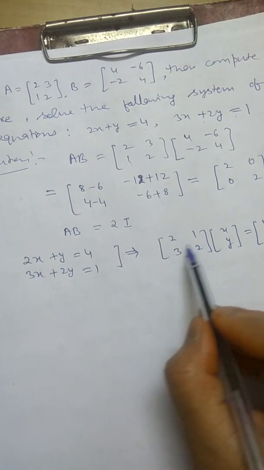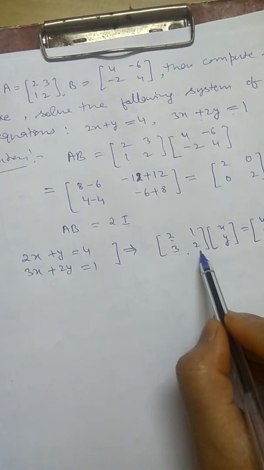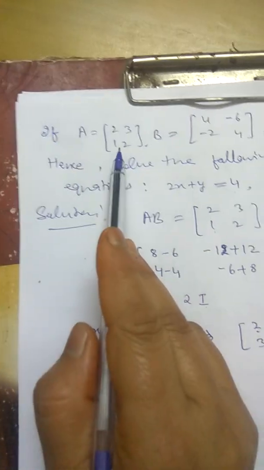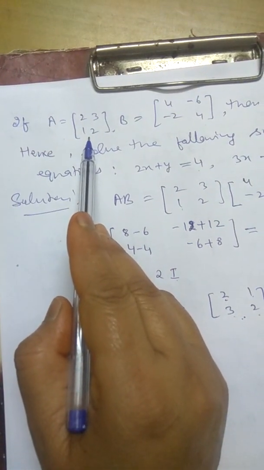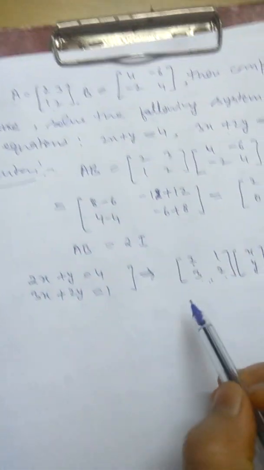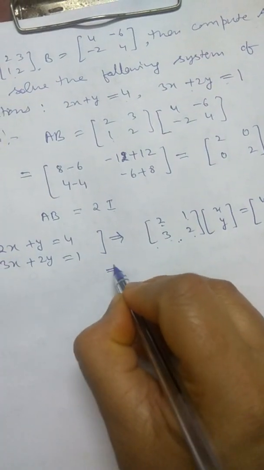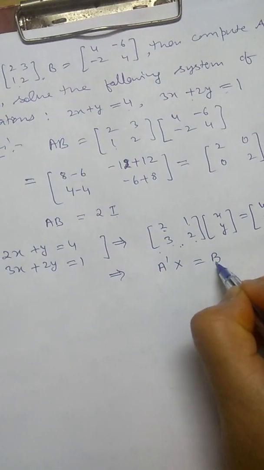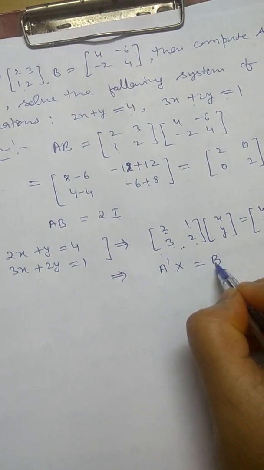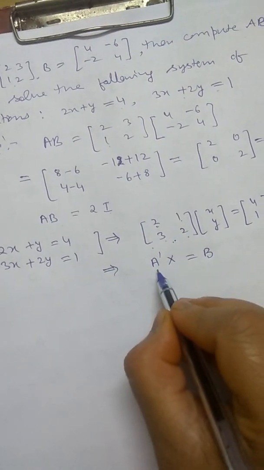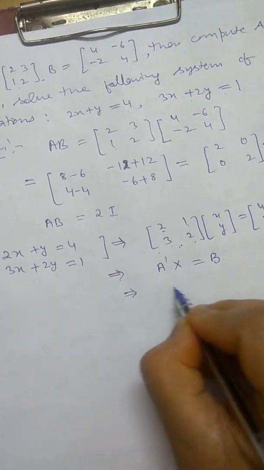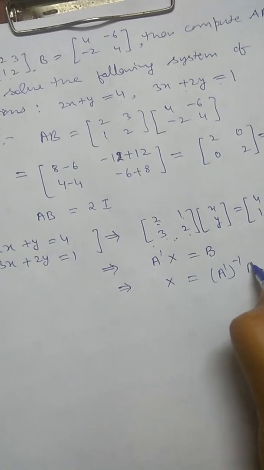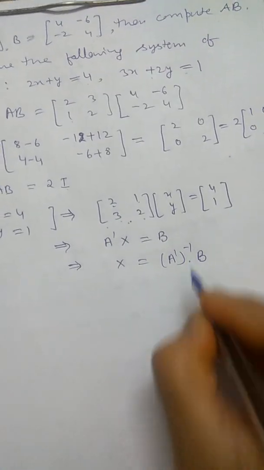The given system of equations has coefficient matrix [2, 1; 3, 2], that is the transpose of the given matrix A, and therefore this can be written as A' X = B, and X is equal to A' inverse into B.